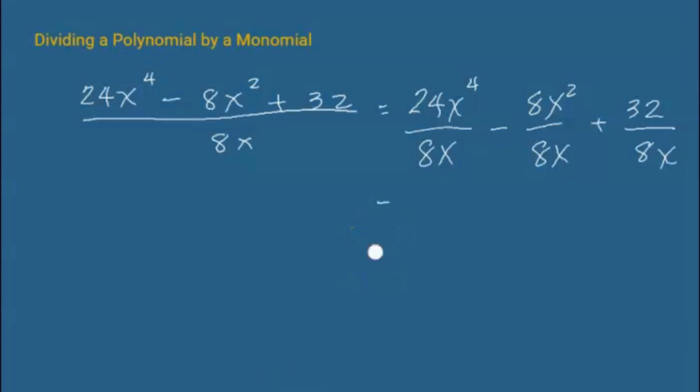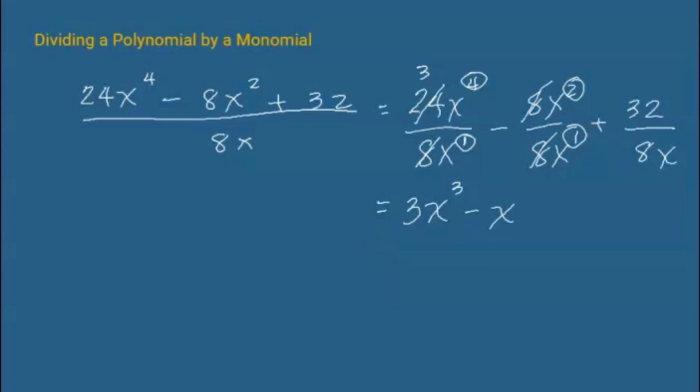For our first term, 24 divided by 8 is 3, and 4 minus 1 for our variable x is 3. So we have 3x cubed minus, 8 divided by 8 is 1, and for our variable x, we have 2 minus 1, so we have x raised to the first power.